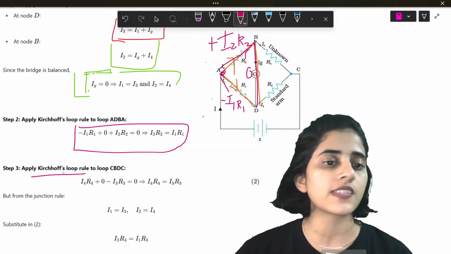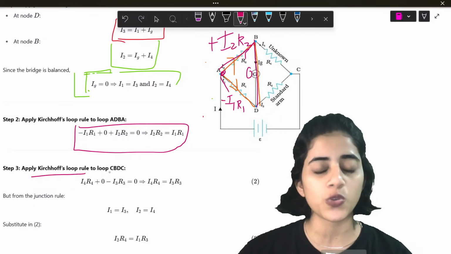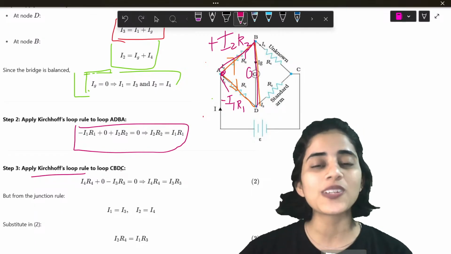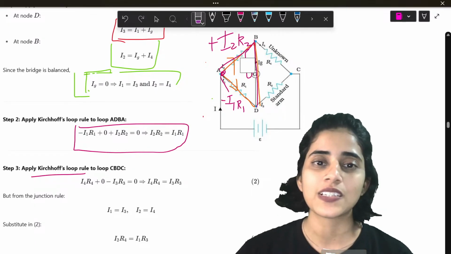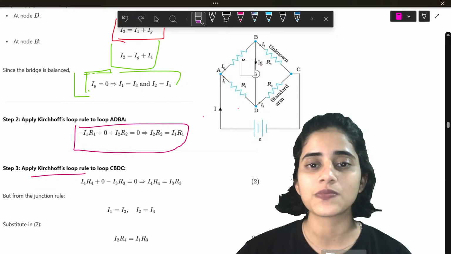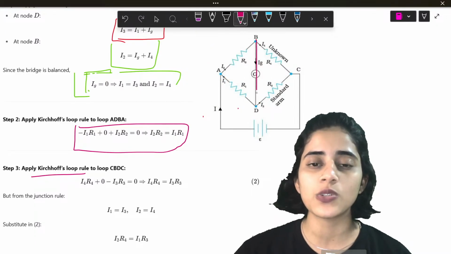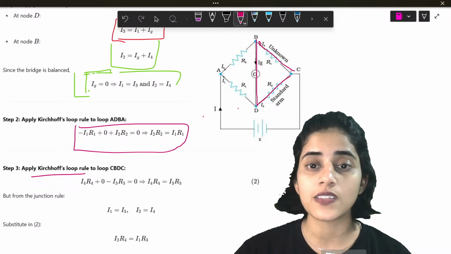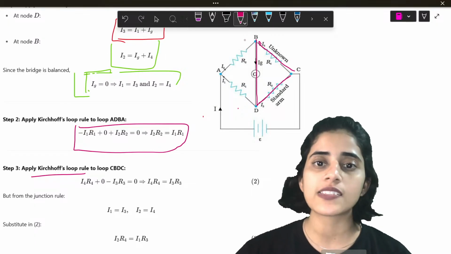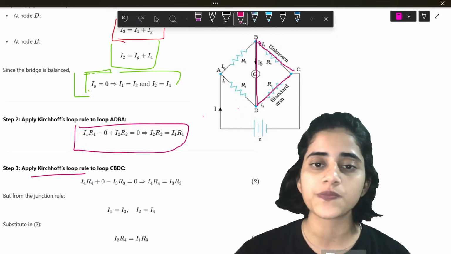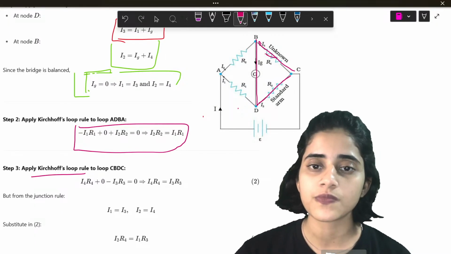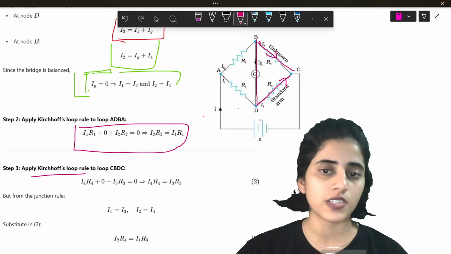Now, step 3 is applying Kirchhoff's loop rule to CBDC. So, let's do that as well. We're going to apply it to this part. Okay. So, I'll start from I4R4. This is how it is.